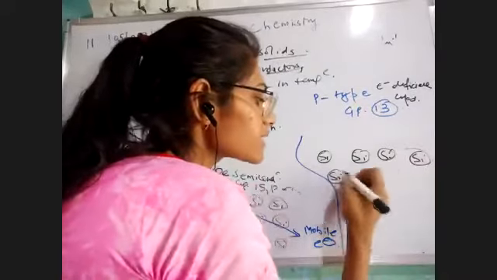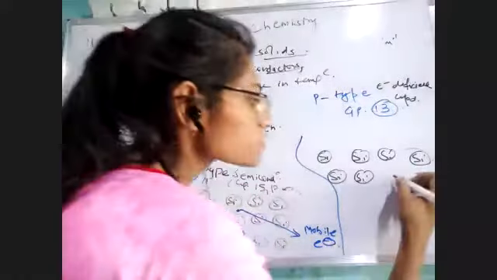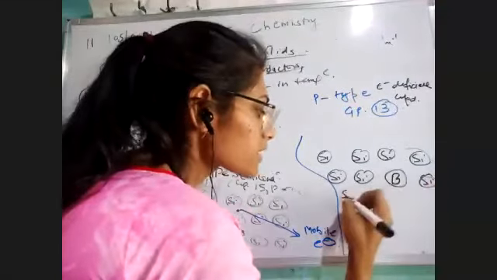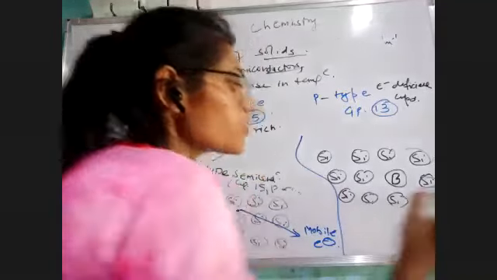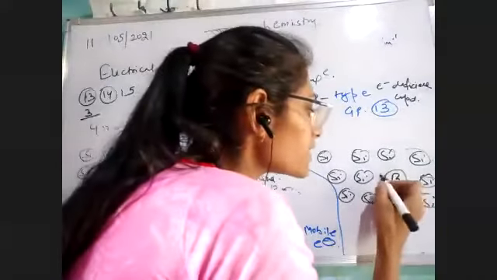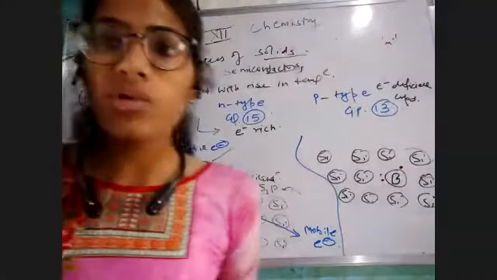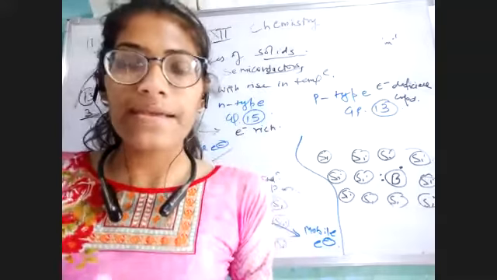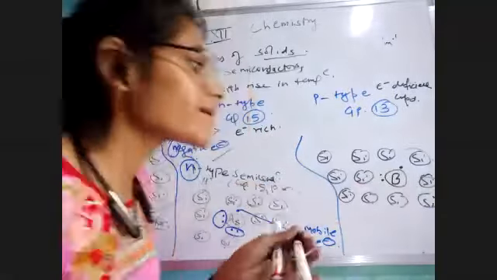And in this, we will add a foreign particle. Suppose I'm adding boron over here, and the rest is the same. Now we know very well that boron has only 3 valence electrons. All these 3 electrons are used to make covalent bonds with the silicon atoms which are near to it.